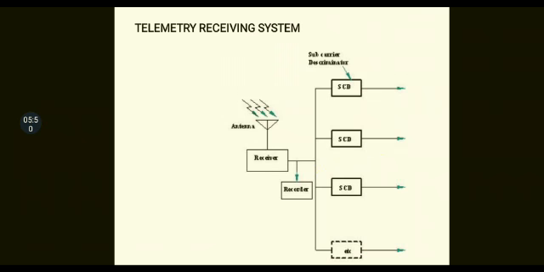Now you can check figure number 2 parallelly. It is quite opposite. It is a receiving system. First of all, there is an antenna and a receiver, then other things like recorders. In the receiving end, the signal is in the open atmosphere and the antenna acts as a receiver.